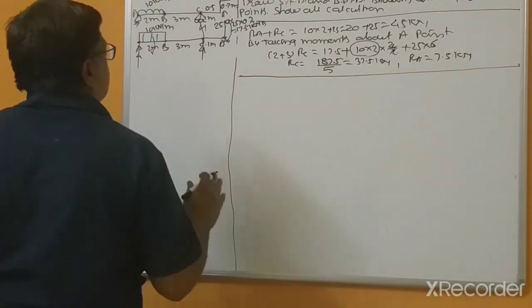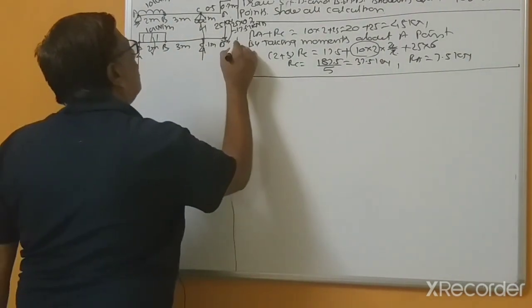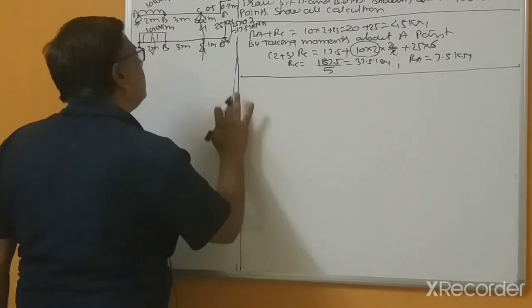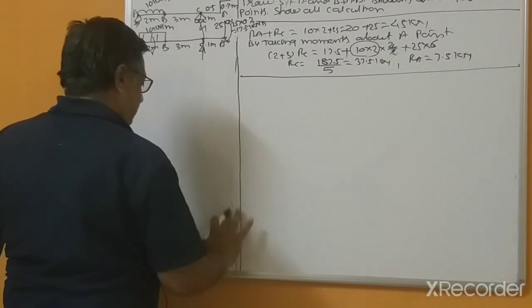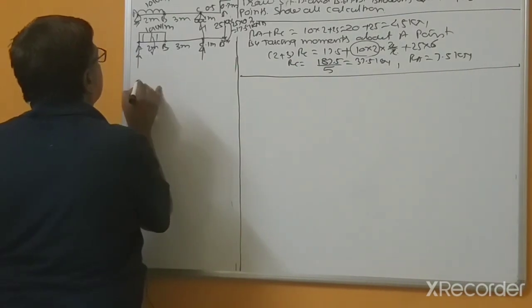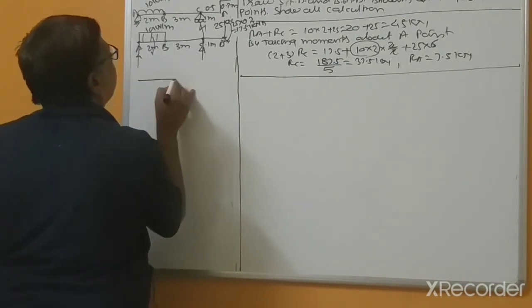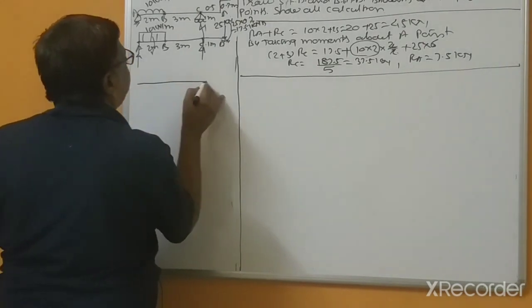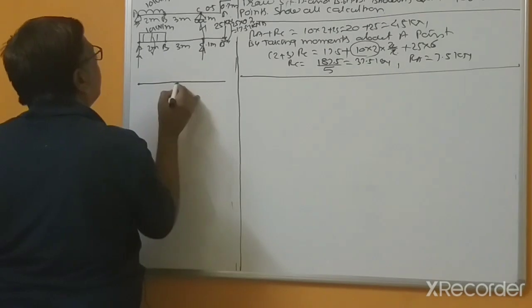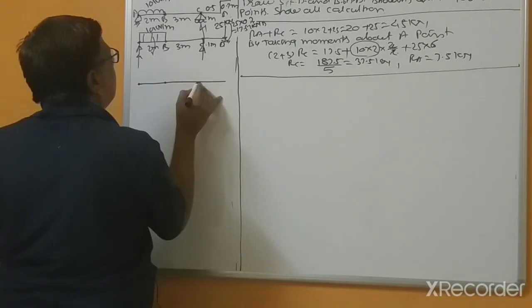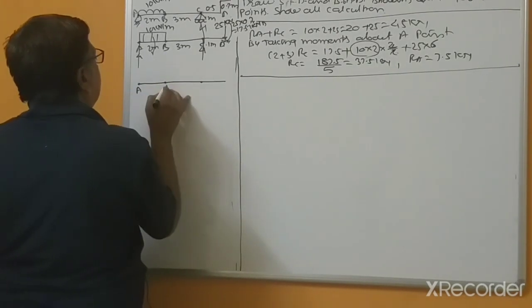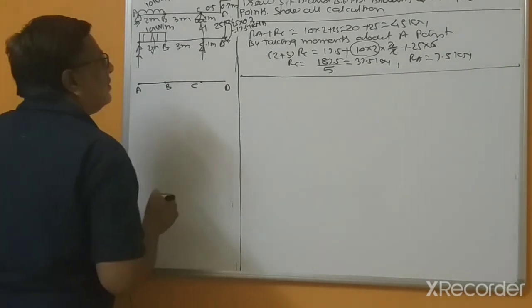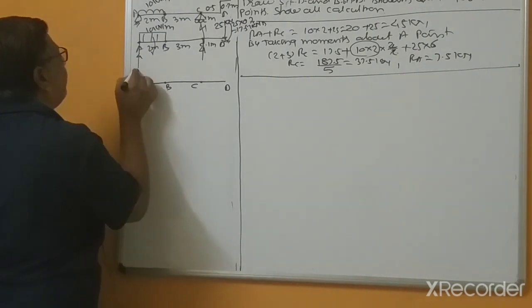Right. So now, to save time, I draw the shear force diagram directly. A, B, C, D points, 7.5 kilonewton.